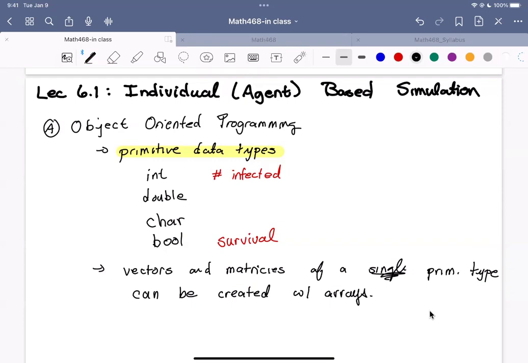Whenever you use an NP array, it creates a vector, or in the case of 2 dimensions, it creates a matrix or a hypermatrix of a single primitive data type. Even if you didn't realize it, when you use an NP array, you are implicitly or explicitly specifying which one of these types you're going to use. Probably most of the time you ended up with a double, because probably one of the numbers in your array was a double, and then it would all become a double.